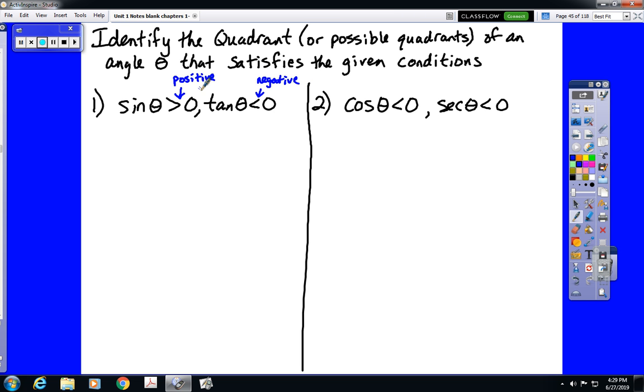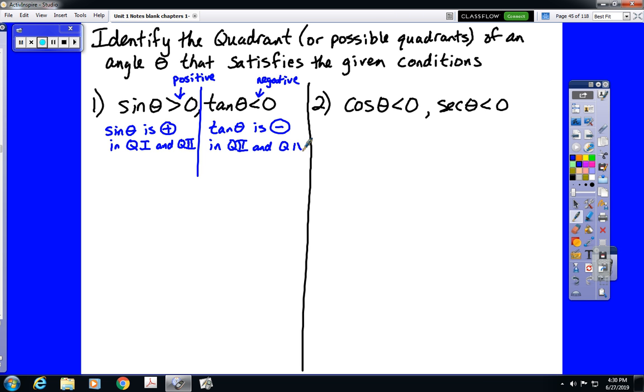Okay, so what we do is we consider those two things individually. The sine is positive in quadrant 1 and in quadrant 2. The tangent of theta is negative in quadrants 2 and 4.